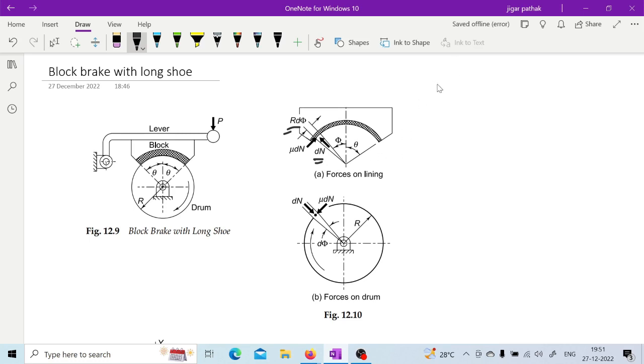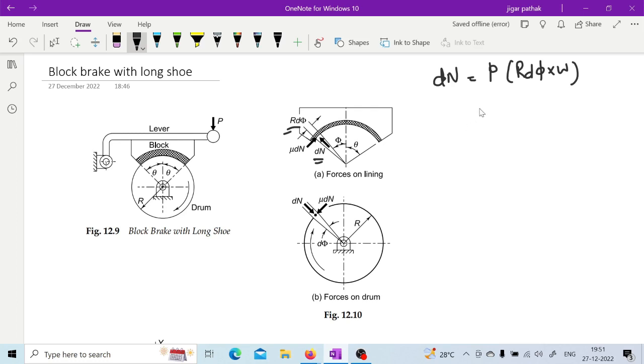So in this long shoe brake, you need to consider dN as pressure into that area. Previously we were directly taking L into W, but here L will be the length of this arc, which is given by r d-phi because the length of arc is radius into theta. So this length, we still need to consider the width as we were considering previously also, right?